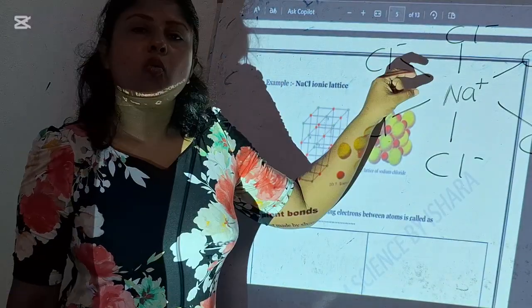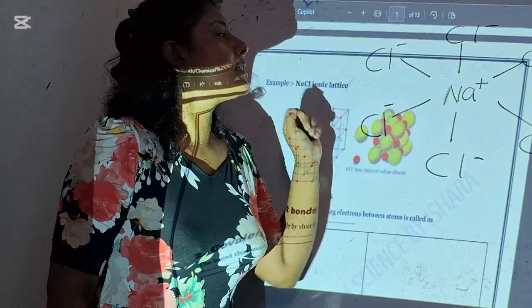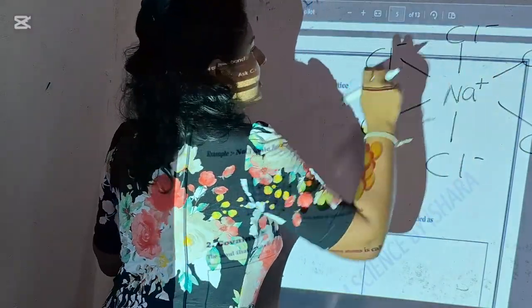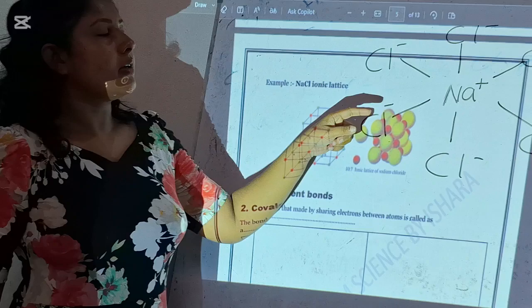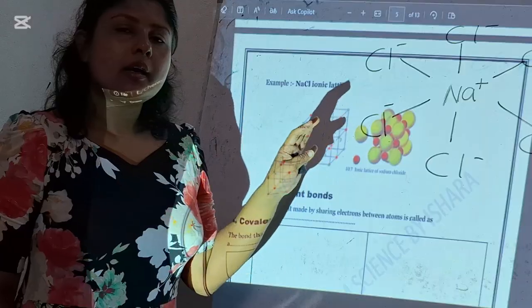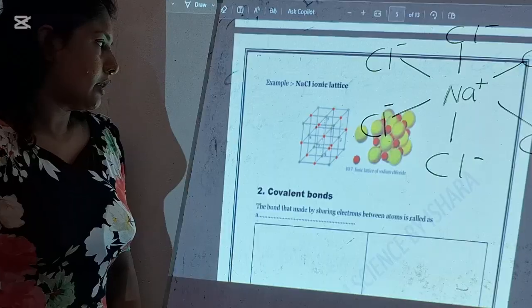Look, around 1 sodium plus ion there are 6 chloride ions: 1, 2, 3, 4, 5, 6. So you can draw that structure in your notebook, in the corner.